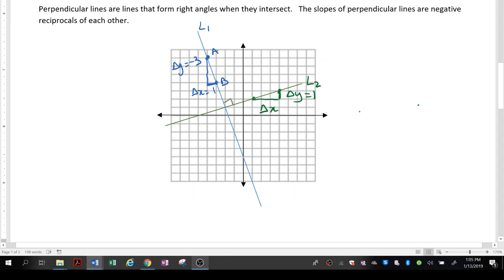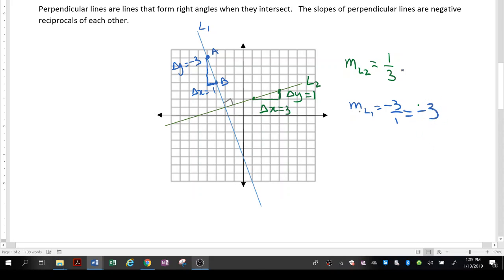But now it's positive because we are rising. So this is 3. So our slope for L2 is 1 over 3, and our slope for L1 was negative 3 over 1, or just negative 3.